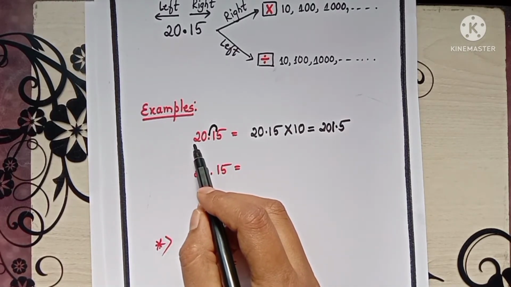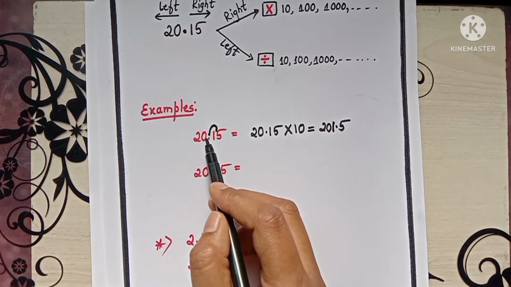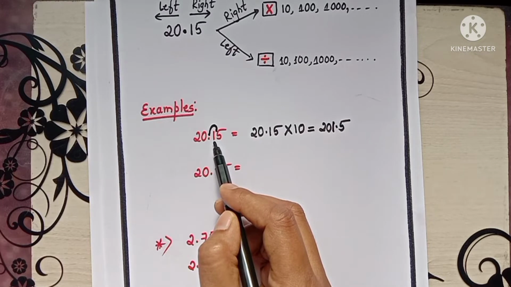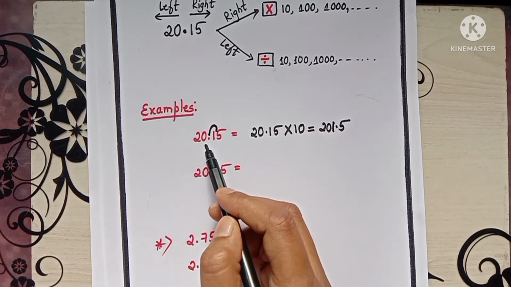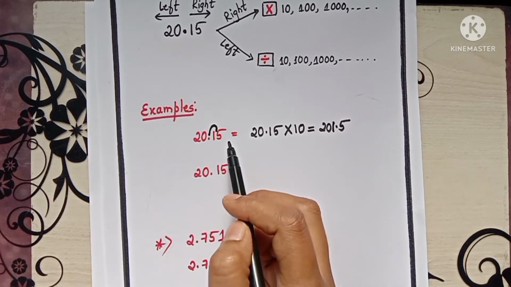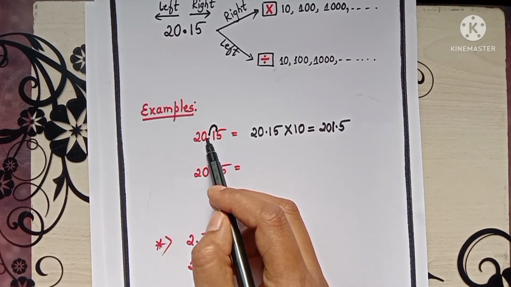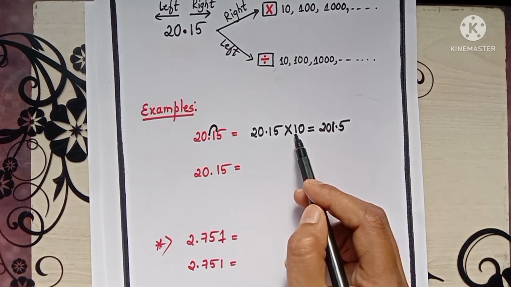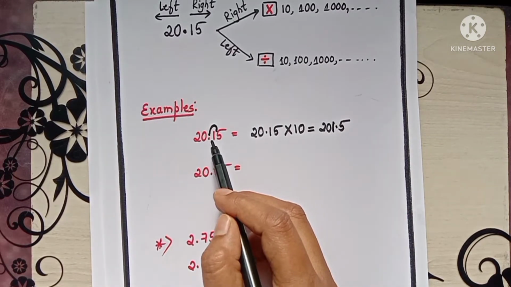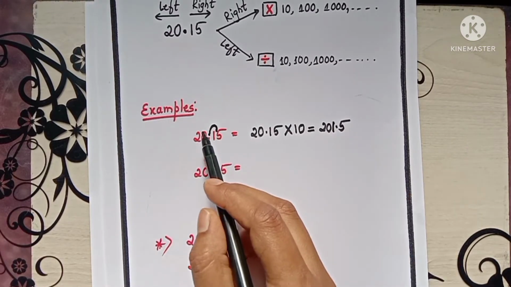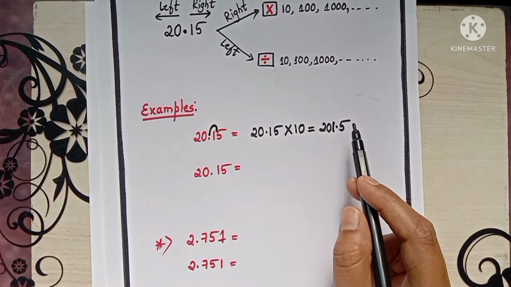In this example, what I have done is I want to shift this decimal point after 1. After 1 means after one digit. One digit means I have to multiply it by 10. Suppose you want to shift after 2 digits, you have to multiply by 100. 3 digits means multiply by 1000. 4 digits means multiply by 10,000.